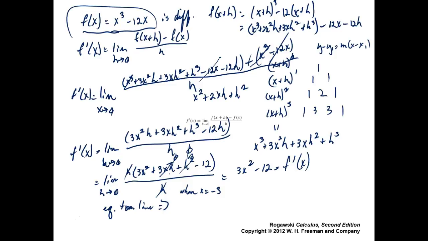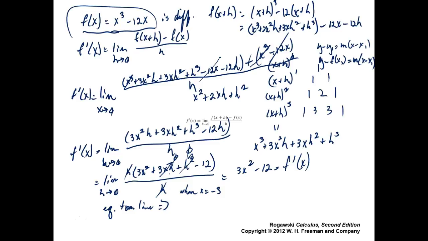Say again? Differential, yeah, well, we are going to do that. But one thing you can do, what happens if you plug in a negative 3 here? Since we're dealing with functions, let me rewrite this ever so slightly. Y minus f of x1 is equal to m times x minus x1.